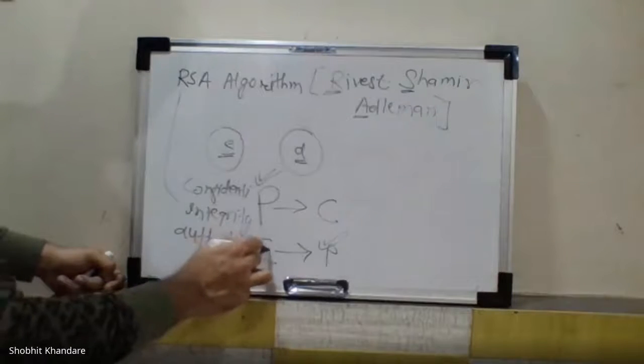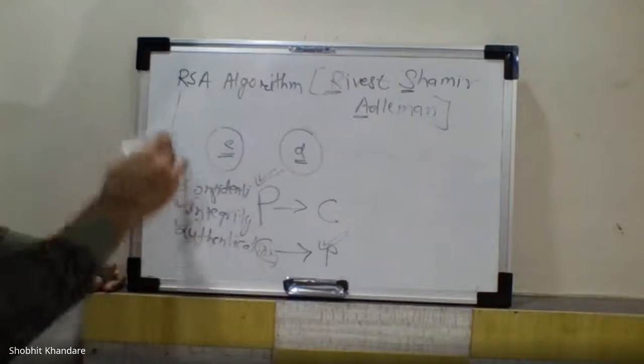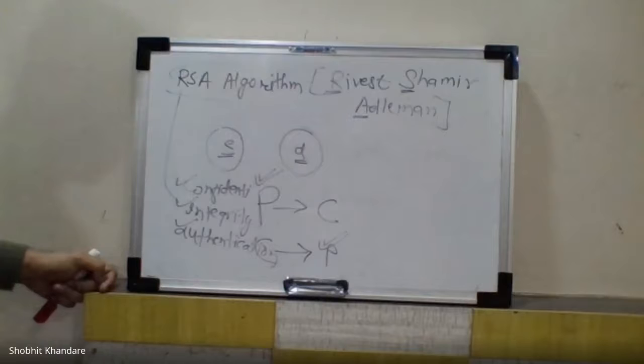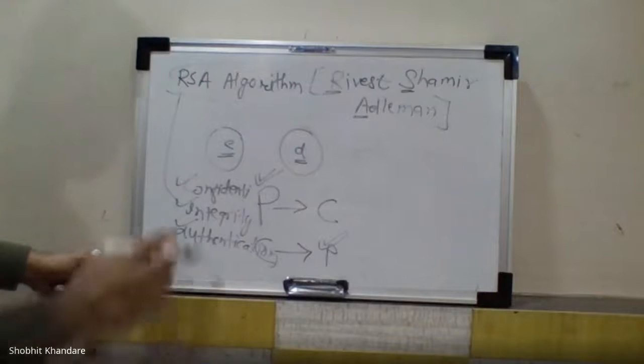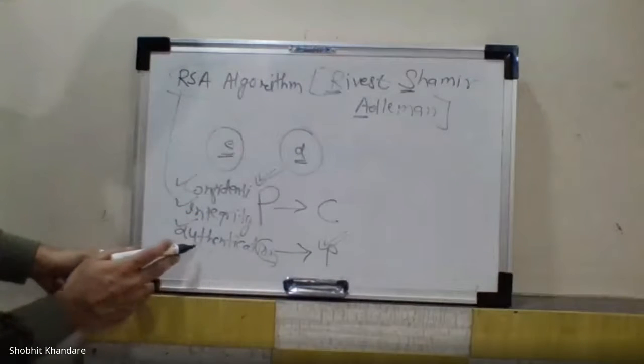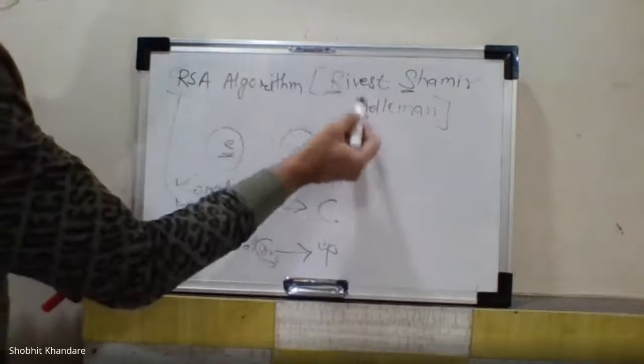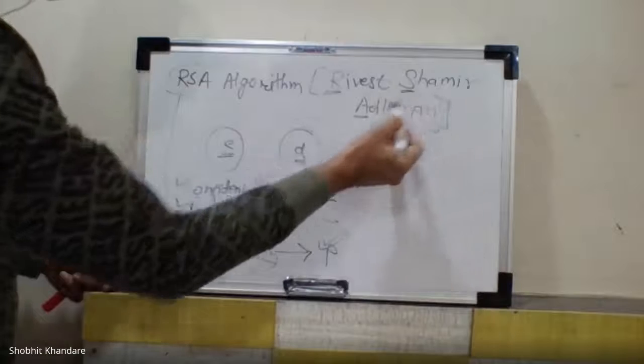So you have these three important parameters in this RSA algorithm. It is the asymmetric encryption algorithm which provides confidentiality, integrity, and authenticity, and it was founded by these three persons, Rivest, Shamir, and Adleman.